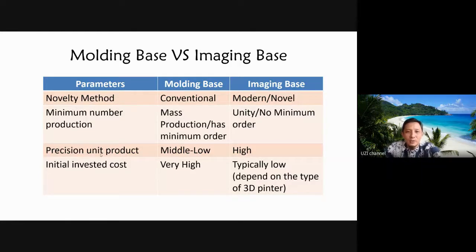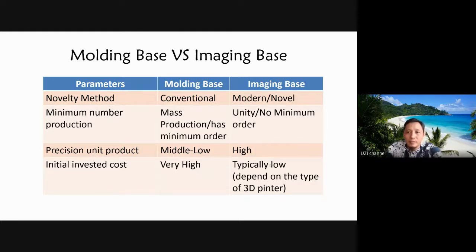Let's see the precision of the product. The molding base has middle to low precision, but the imaging base has high precision. For initial invested cost, the molding base is very high because the infrastructure to make mass production is also high.